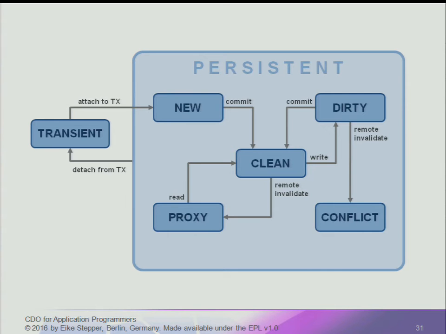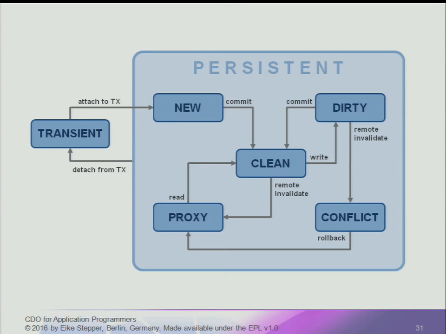Then the object goes into conflict state because you had already changed it locally, then someone else was quicker to commit it. So in your client, you get aware of that quickly. In normal databases you only see conflicts when you commit. In CDO, you have fail early transactions because you already get this event and you know you will not be able to commit it in the future unless you set conflict resolvers into your transaction.